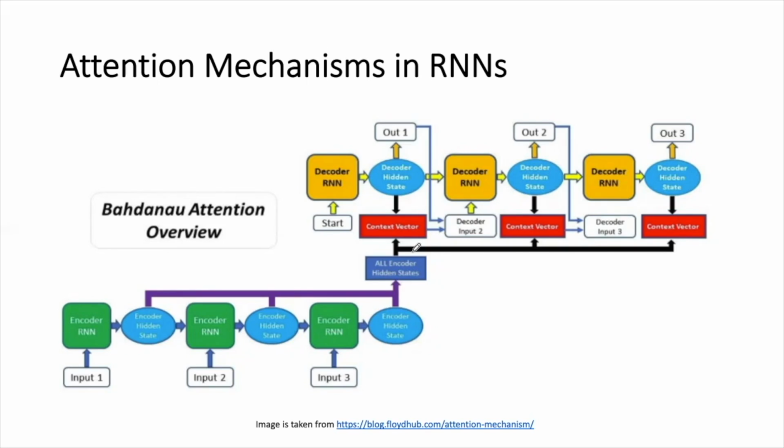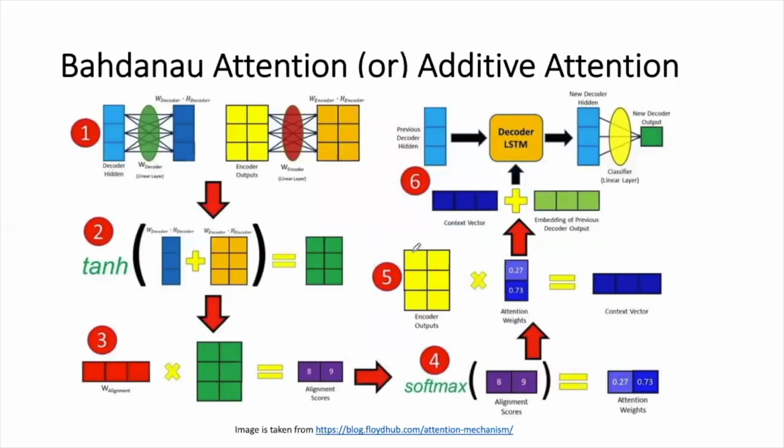Now moving on to the topic of how exactly this context vector is calculated and how it is used. This is an illustration that shows step by step how it is computed. To begin with, in the first step we have two vectors that are generated here. This is a matrix actually, but this is a vector.